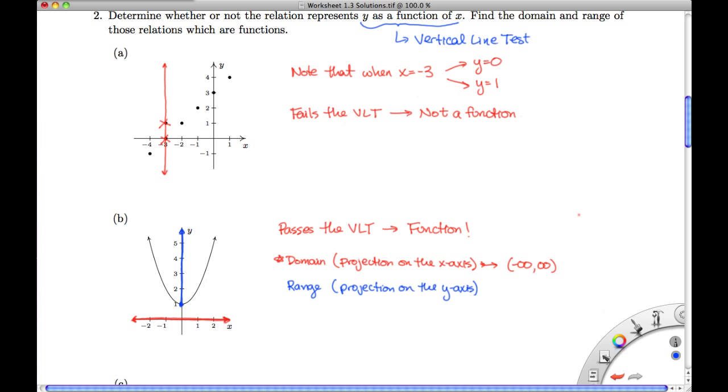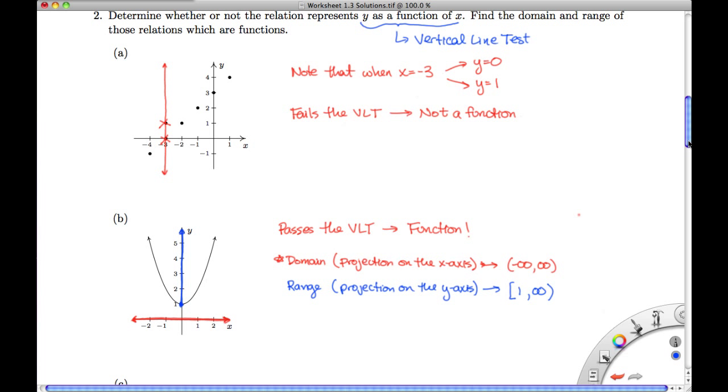So this blue line represents our projection on the y-axis, and in turn is going to give us our range. So we could say that the range is all points from +1, including +1, so we use the bracket, all the way up to y equals +infinity. And this is the way that we can determine our range.